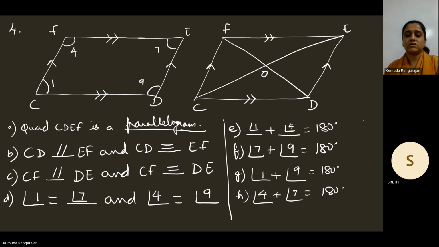Correct. Which one? 1 and 9. Okay, fine. So opposite angles are equal. In a parallelogram, opposite angles are equal. Adjacent angles are supplementary. You find 4 pairs of co-interior angles.